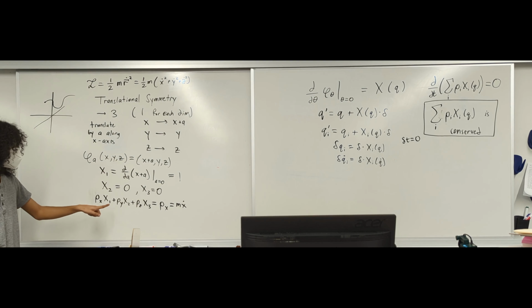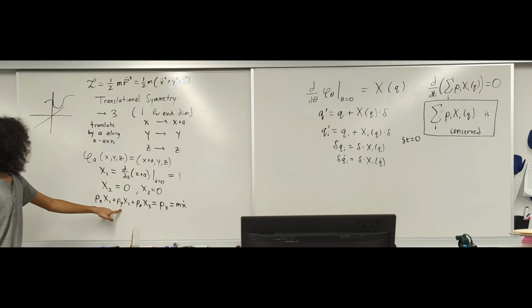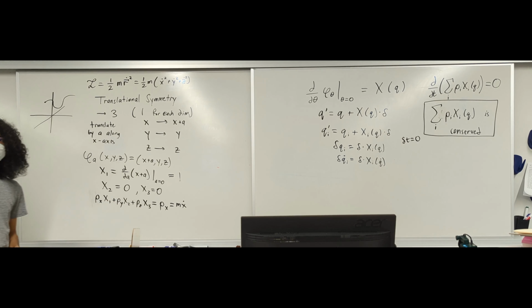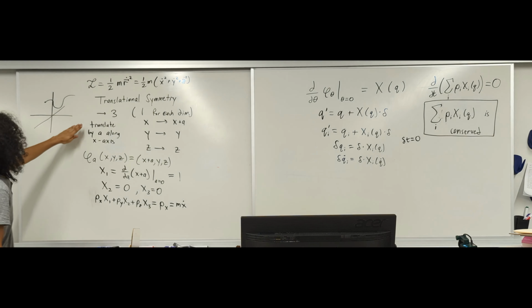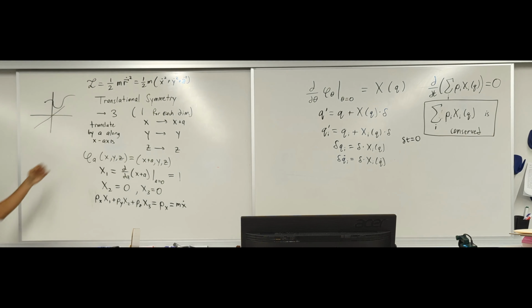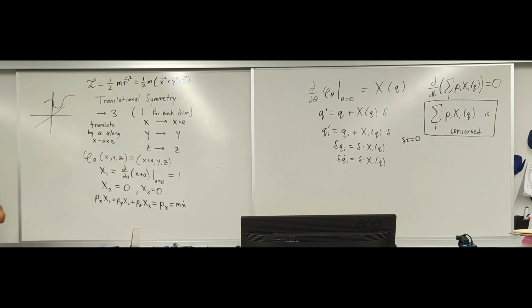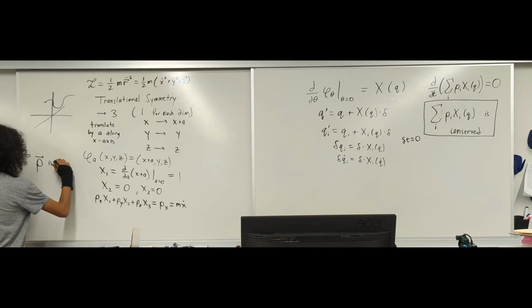And so the conserved quantity would be the momentum in the y direction. And for translating along z, the momentum in the z direction would be conserved. Because in this system there's translational symmetry in all the directions, all three are conserved, and so the overall momentum vector is conserved.